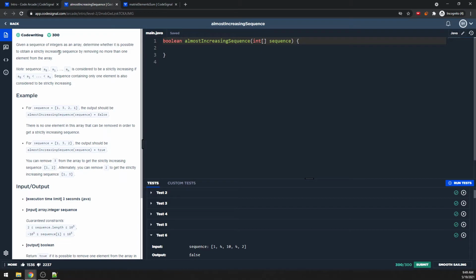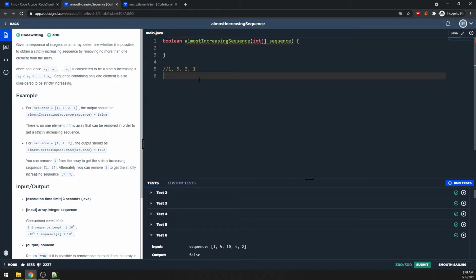You can accept no more than 1 element from the array. So when this example 1 3 2 1 return false is because the previous one is greater than the current one, so you return false.